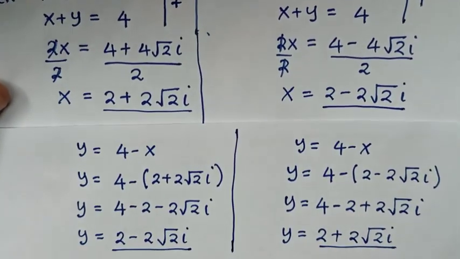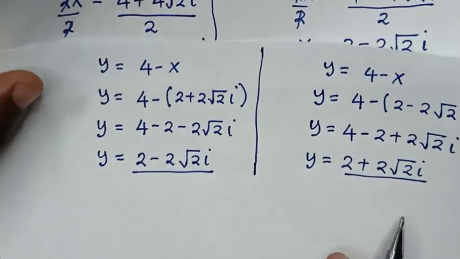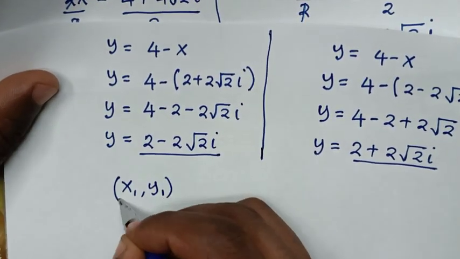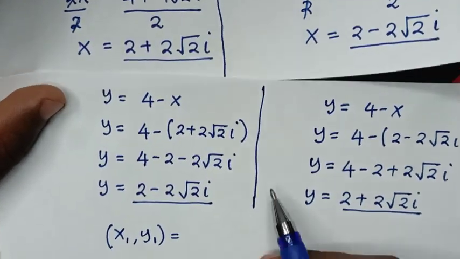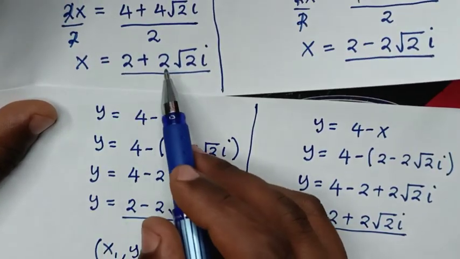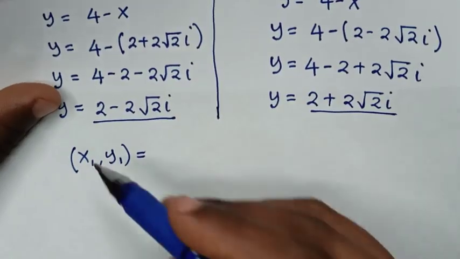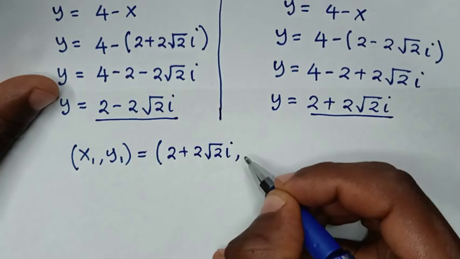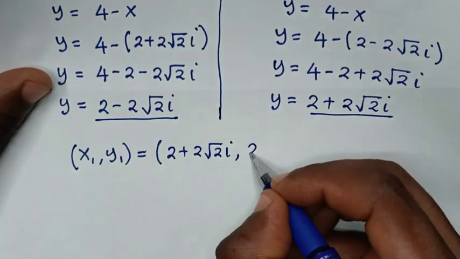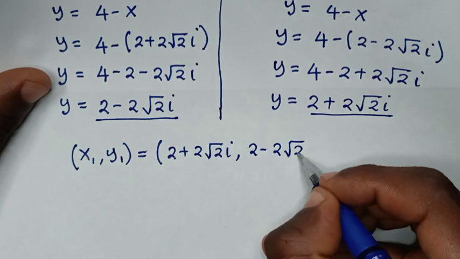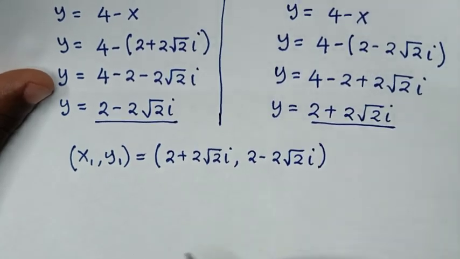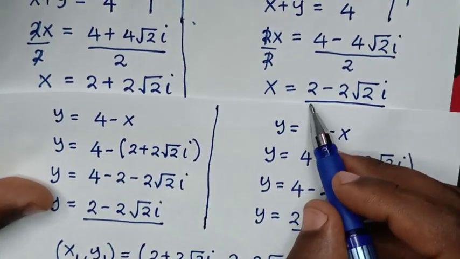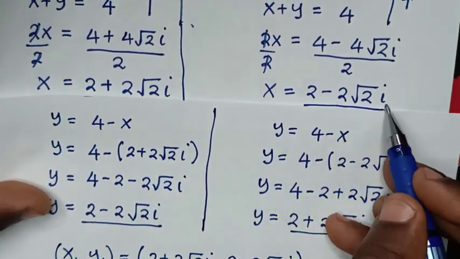Now the conclusion from the first solution. From the first solution, we have x1, y1 is equal to, when x, it is this, 2 plus 2 square root of 2i. So here it will be bracket 2 plus 2 square root of 2i, comma, y, it is this, 2 minus 2 square root of 2i bracket. And from the first solution, also we have this solution here. X, it is 2 minus 2 square root of 2i.